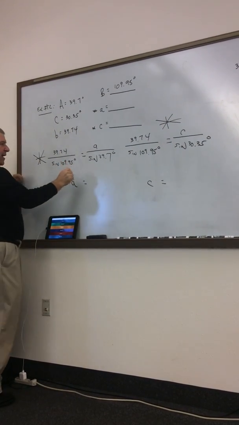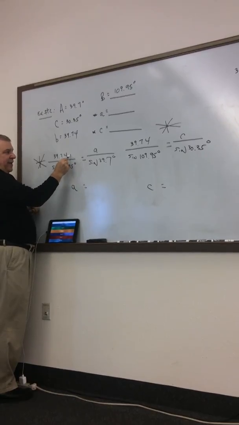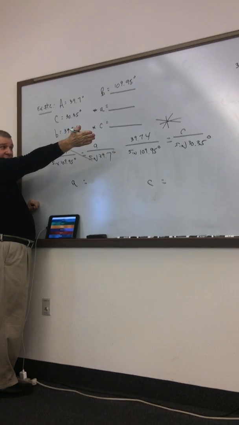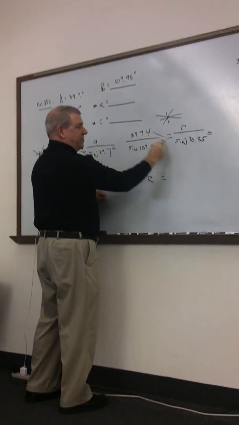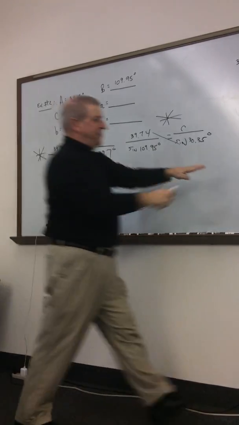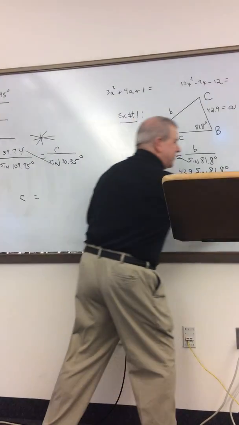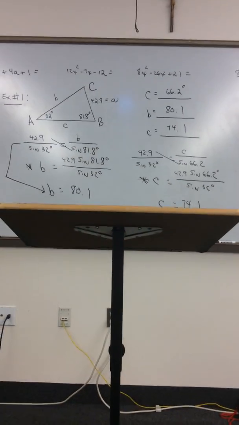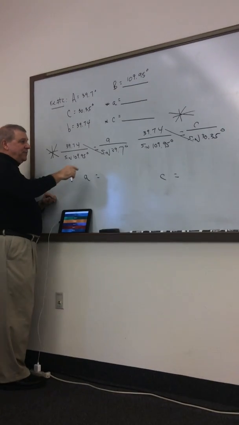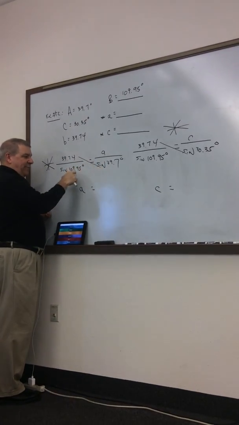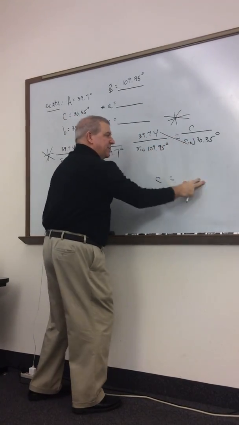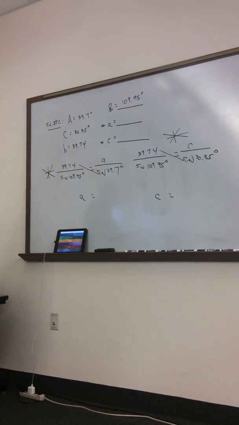To find this, you're going to take this times this divided by that. Isn't that what I was doing over there? To find this one, it's going to be this times this divided by that. I'm telling you, if you don't even want to show me this step, I'm okay with that. Do you all understand what I'm saying? This times this divided by this is going to be side A. This times this divided by this is going to be side C. Your calculator is going to do everything.